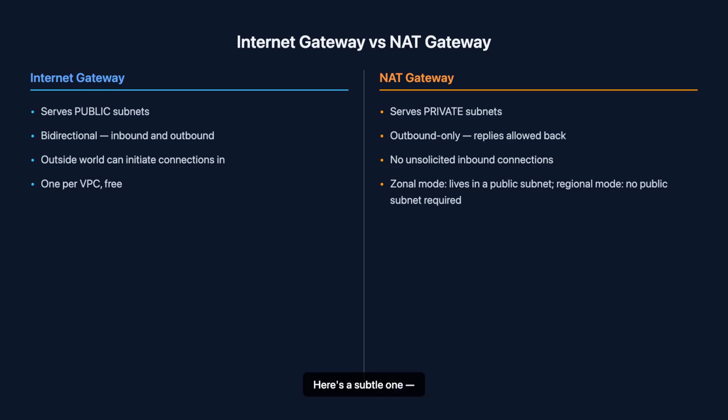Here's a subtle one. In the traditional zonal mode, the NAT Gateway itself lives in a public subnet, though the newer regional mode we'll meet shortly drops that requirement. And unlike the Internet Gateway, the NAT Gateway is billed per hour plus per gigabyte of data processed. That billing detail comes back to bite people, and we'll come to it shortly.